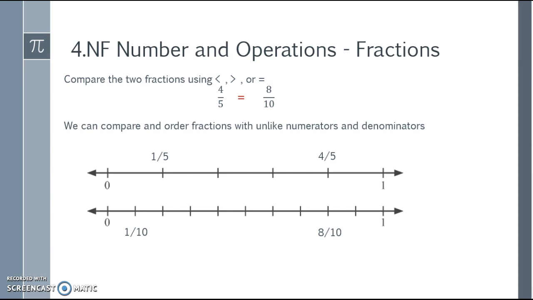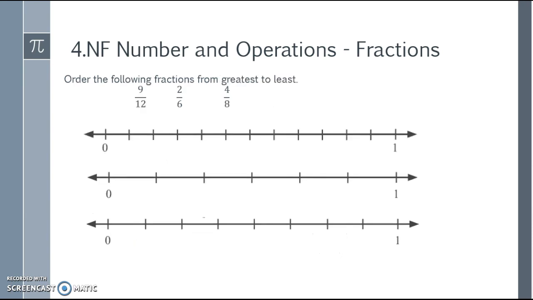I have 4/5 and 8/10 labeled, so I have 4 copies of 1/5 and 8 copies of 1/10 listed here. And I see that they are the exact same location on the number line. So therefore they are equal to each other, just in a different way.